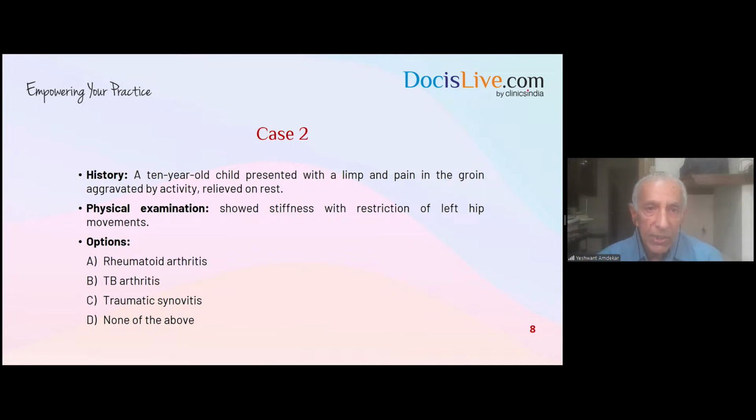This child has pain and is limping, but as soon as he takes rest, he is all right, he has no pain, and activity is worsening his pain. And therefore, one factor that you ask for in pain is what aggravates and what relieves it also. Can I have the next slide, please?